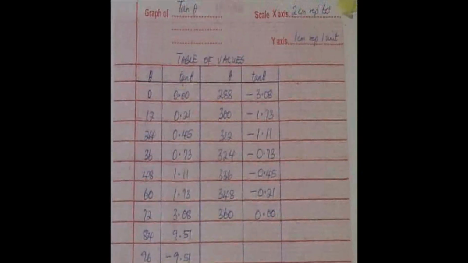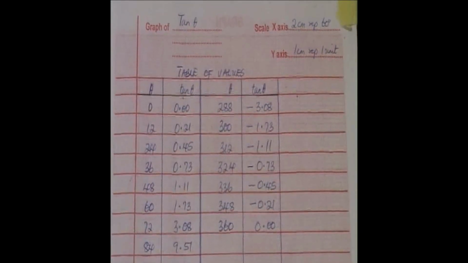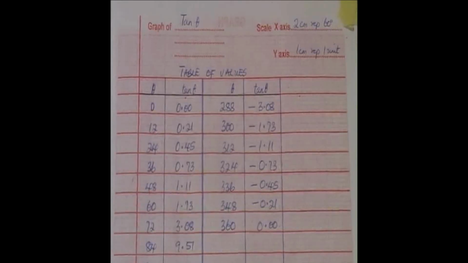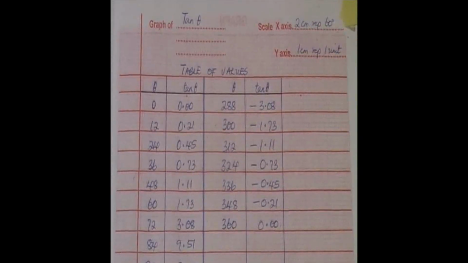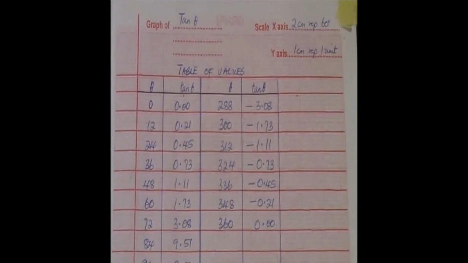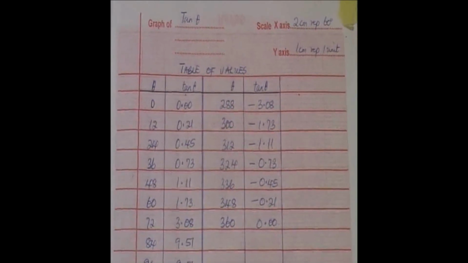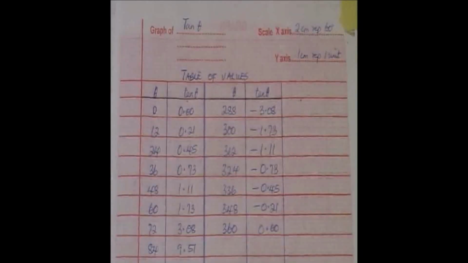So when you will see this graph paper again, I must have calibrated this graph portion of the graph paper based on our scale of 2 cm representing 60 degrees on x or theta axis, and 1 cm representing 1 unit on y or tan theta axis.